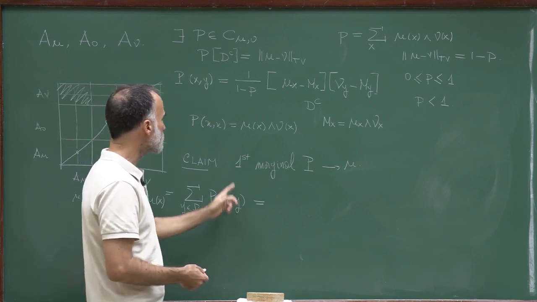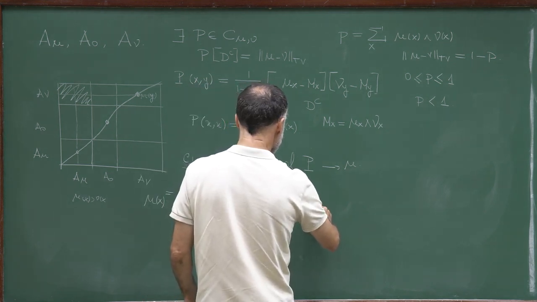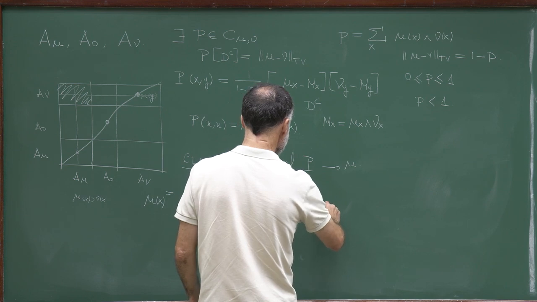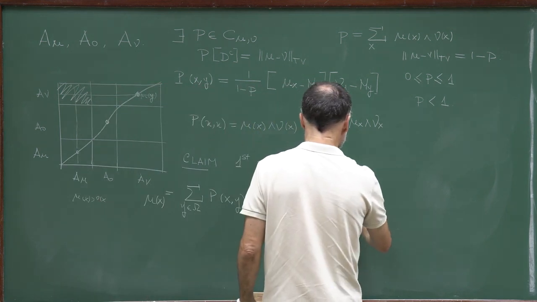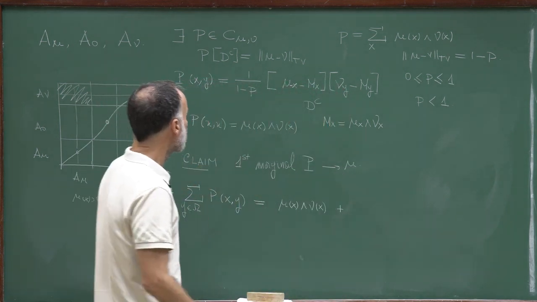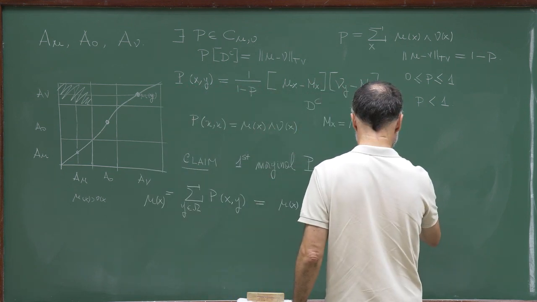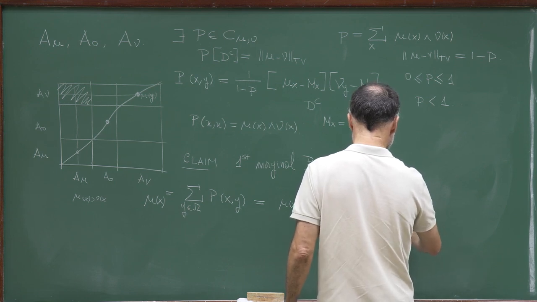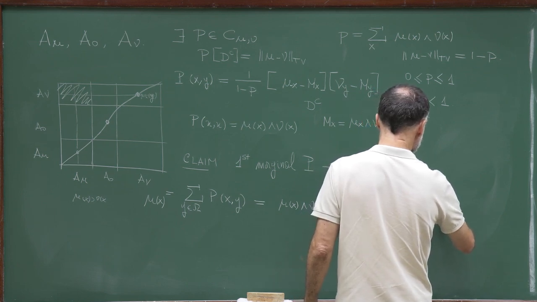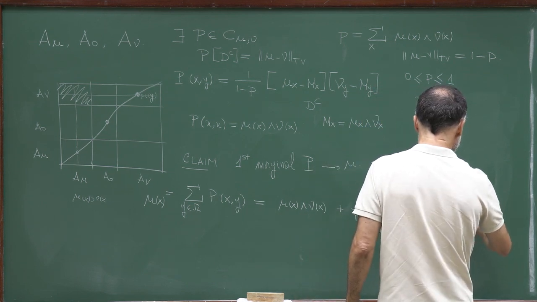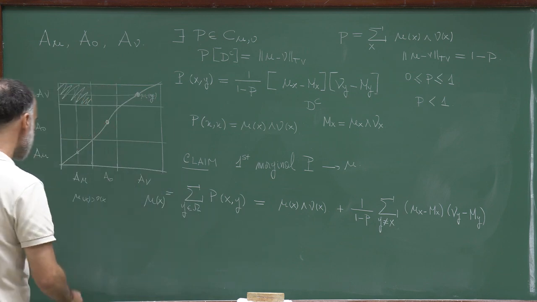So we have p(x,x), and p(x,x) is equal to the minimum of mu(x) and nu(x), plus the sum for y different from x of (mu(x) minus m(x)) (nu(y) minus m(y)). So let me now divide in 3 cases.